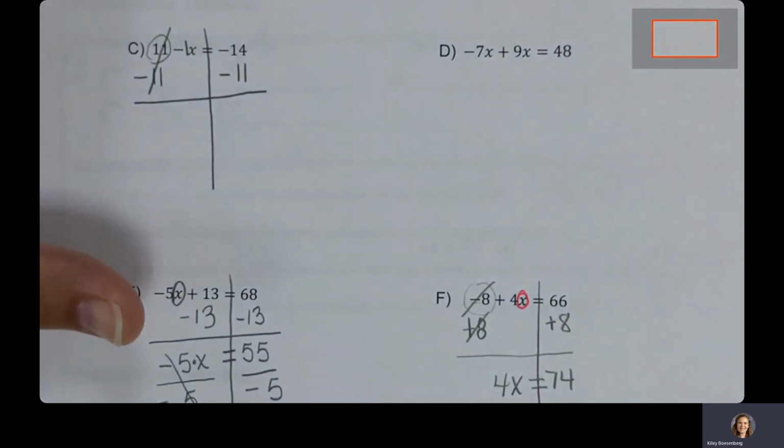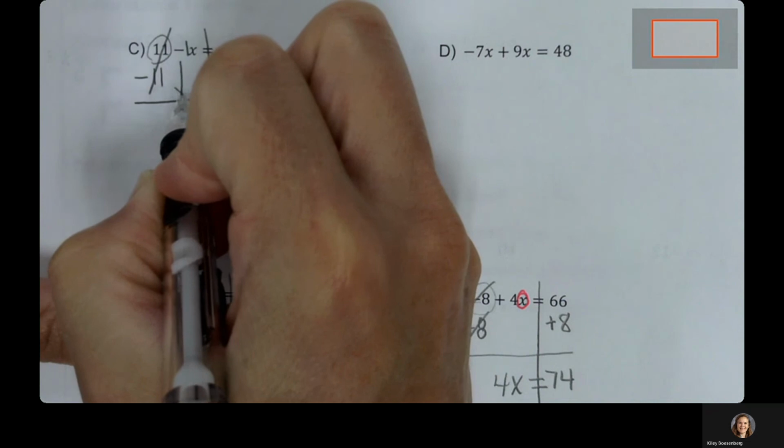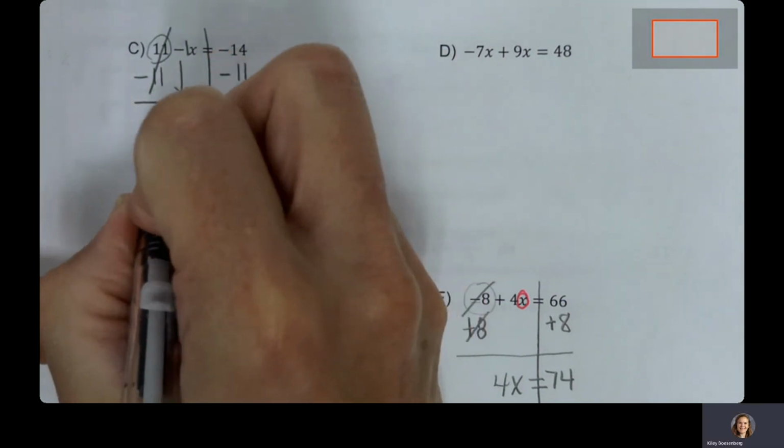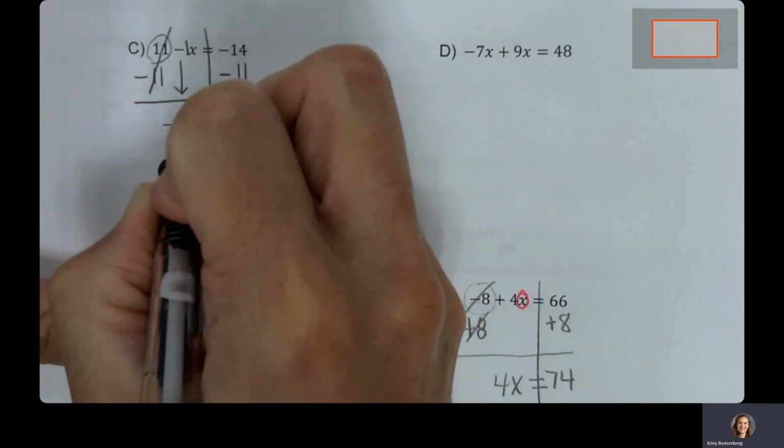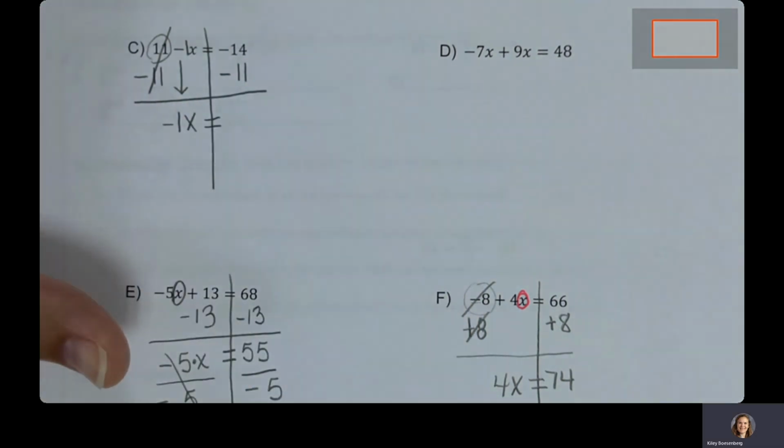Here's the first sign you have to be careful with. When you bring this down, it is a negative 1x. That's the first sign you have to be careful of.